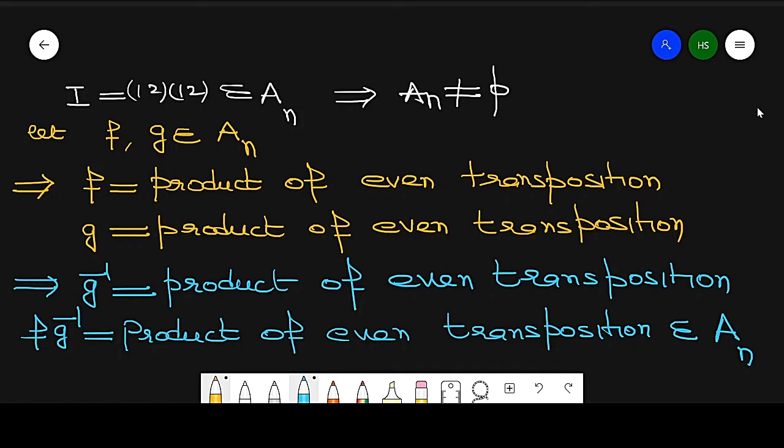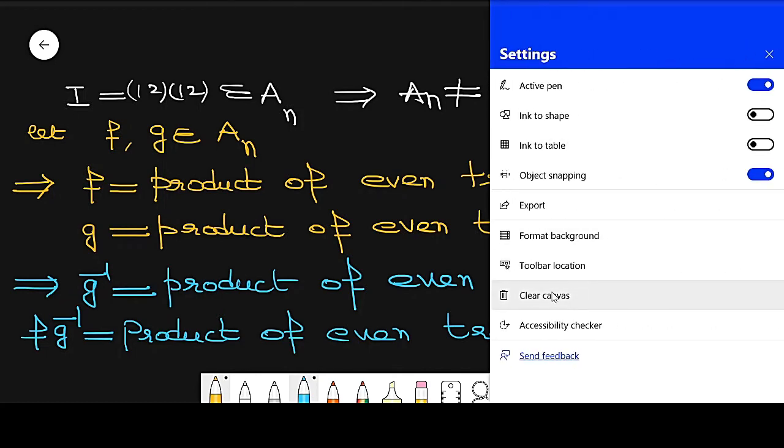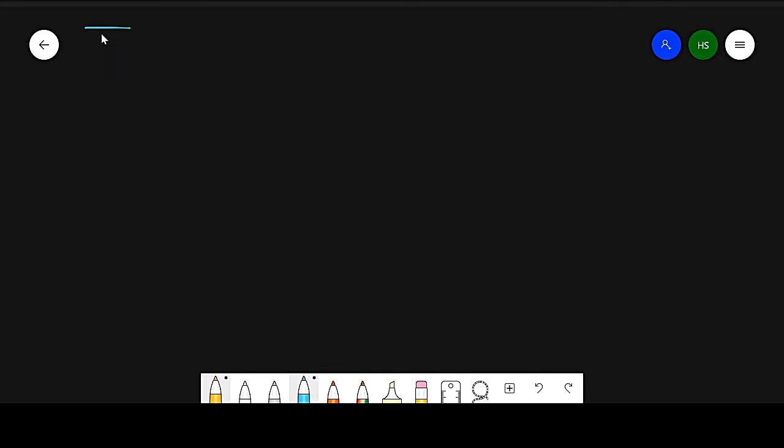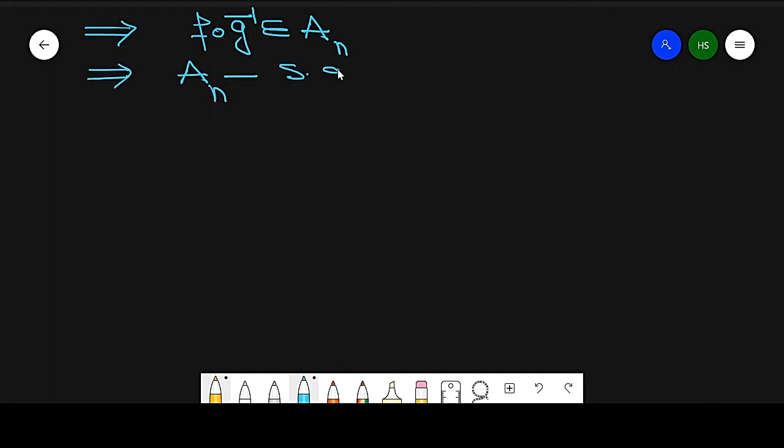So it implies fg inverse belongs to An, and it implies An is a subgroup of group Sn. So this is a subgroup of group Sn, right?